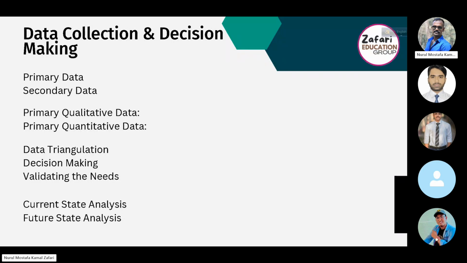Those numerical data help us to make more inclusive decisions. Once we collect data, we need to triangulate data and take decisions. Using these data, we analyze the current state and we work on the future state of the project.